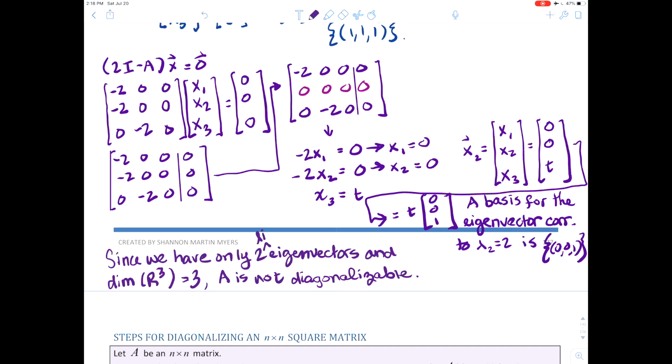And I should have said linearly independent eigenvectors. Cool? So we're done with this problem.